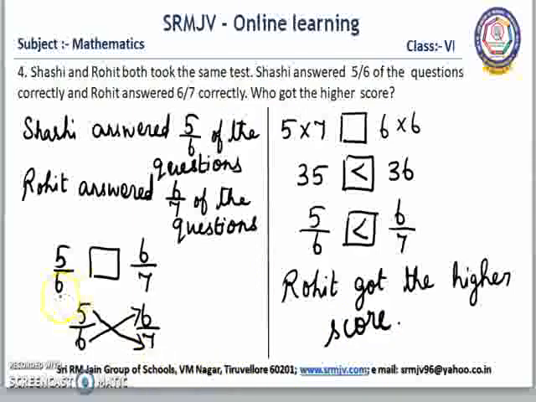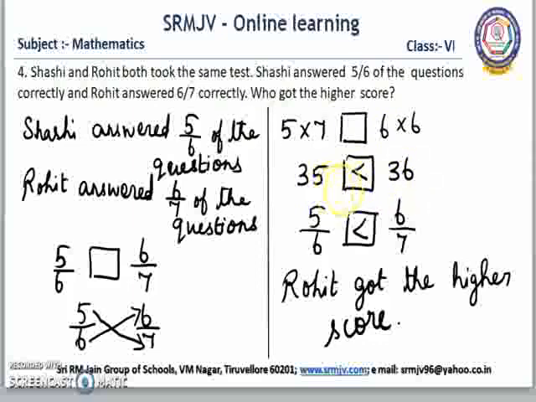To compare the unlike fractions, we have to use the cross product method. First, we have to multiply the numerator of the first fraction and denominator of the second fraction. Then, the denominator of the first fraction and the numerator of the second fraction. Now, we have to find the product of the two cross products.